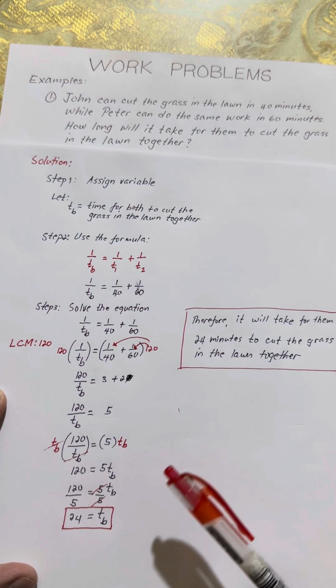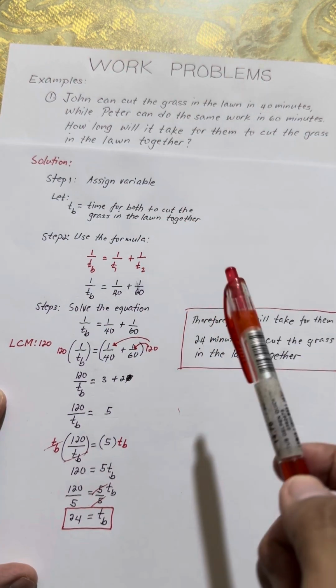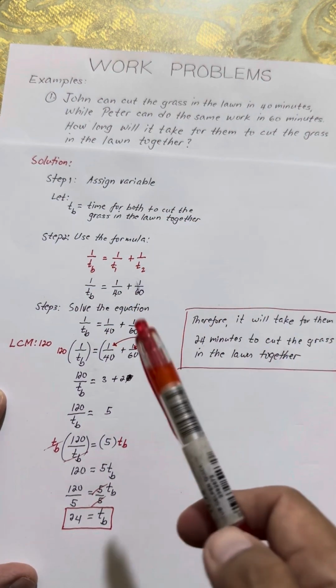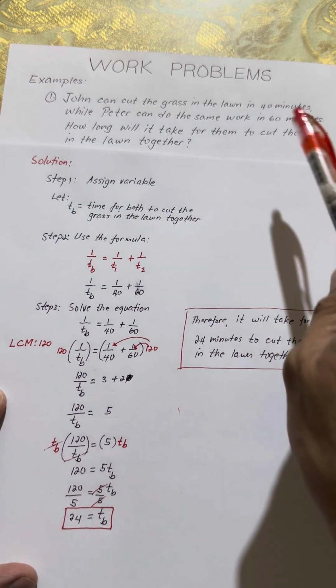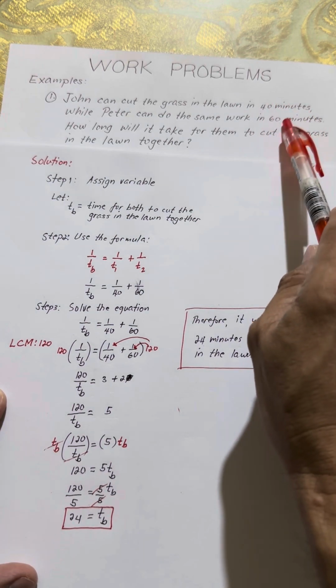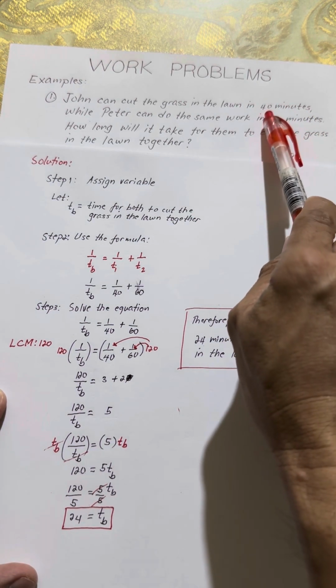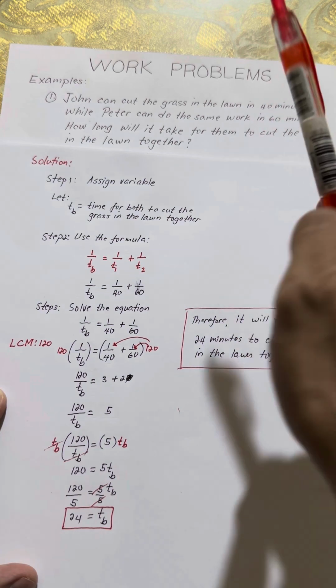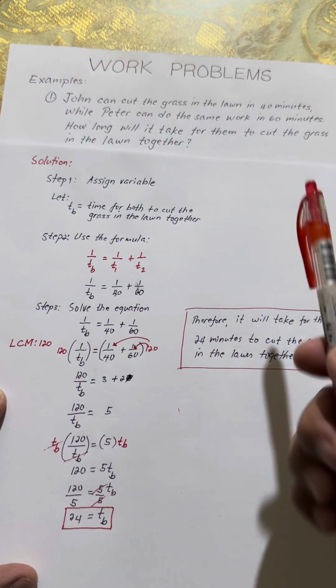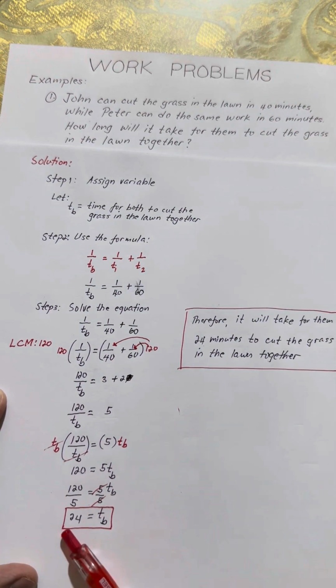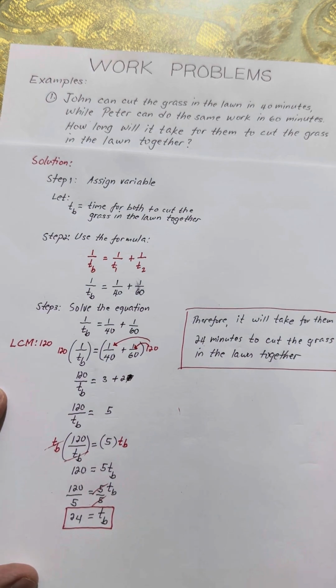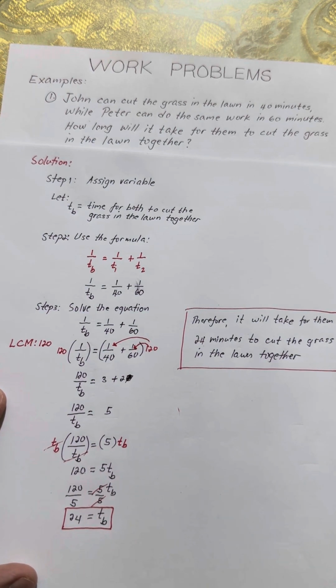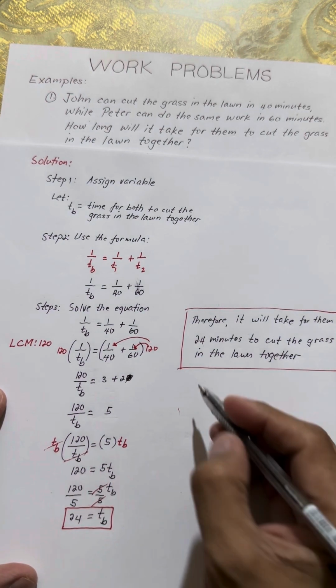So when they work together to complete the same job, the time should be less than the lesser number. In this case, the lesser number is 40. So our expected answer should be less than 40, which in this case is 24 minutes.